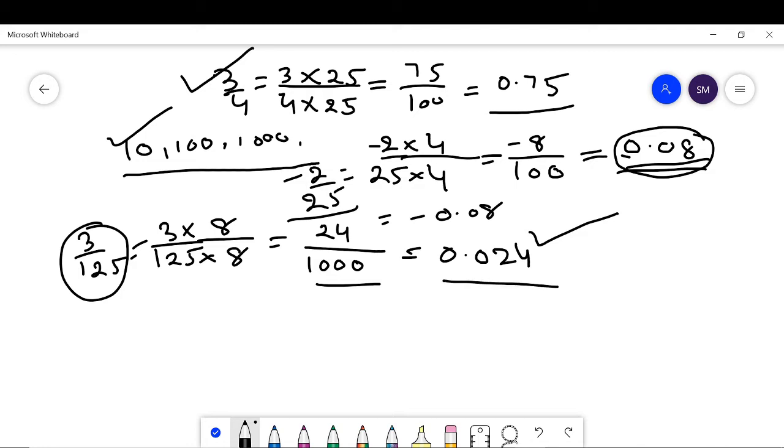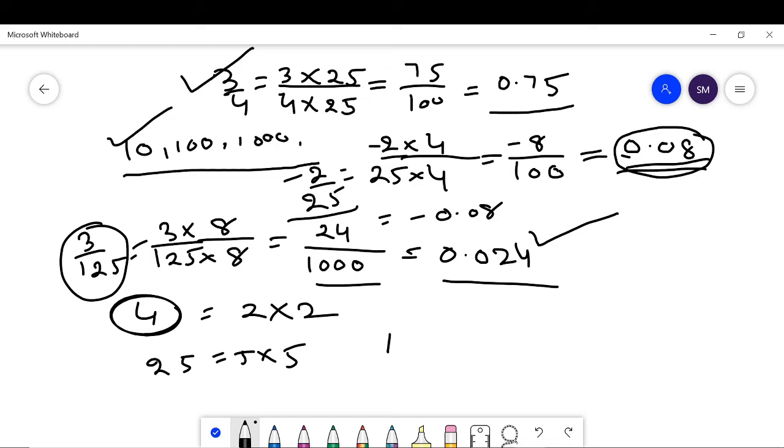One thing: if we prime factorize the denominator and get only 2 and 5, just like 4 equals 2 into 2, 25 equals 5 into 5, and 125 equals 5 into 5 into 5, then these numbers give terminating decimal numbers.